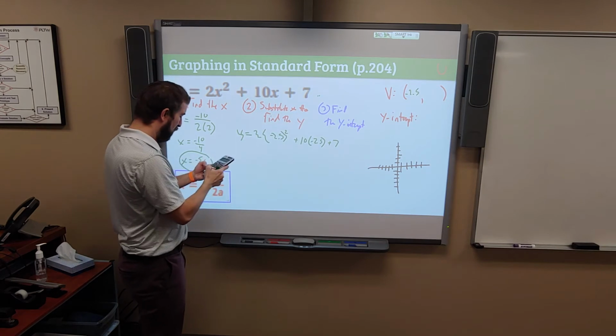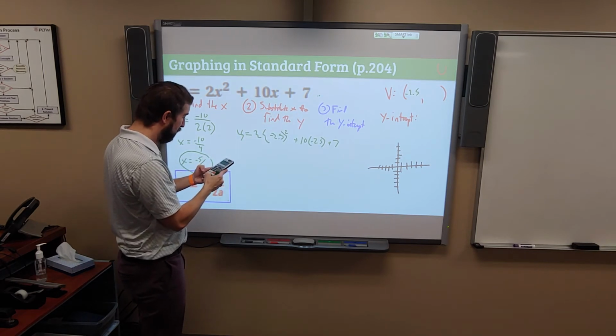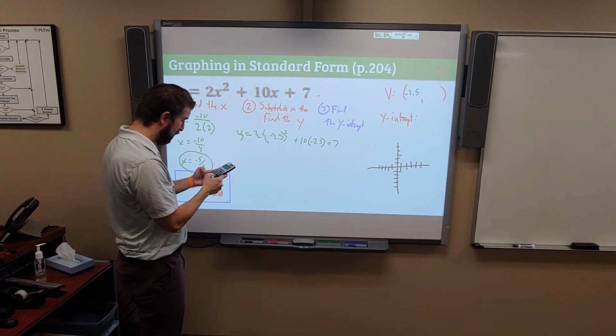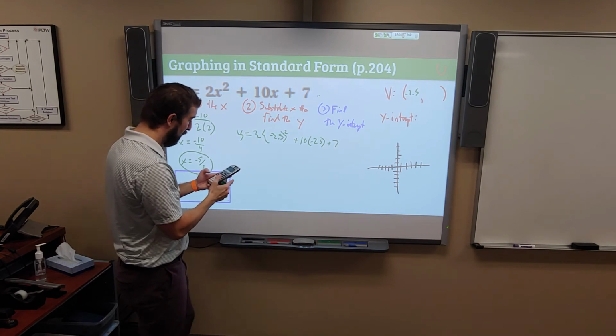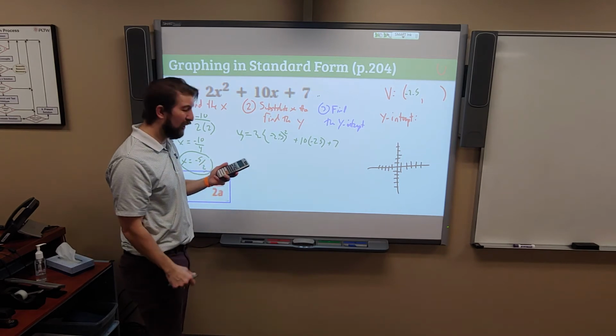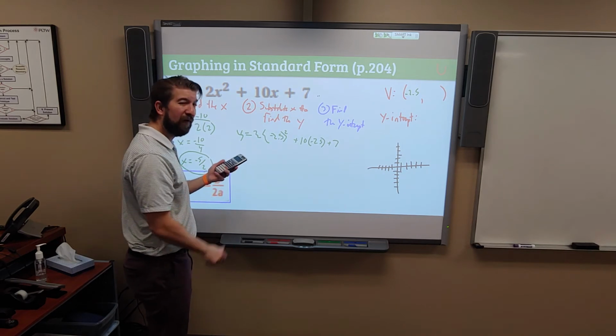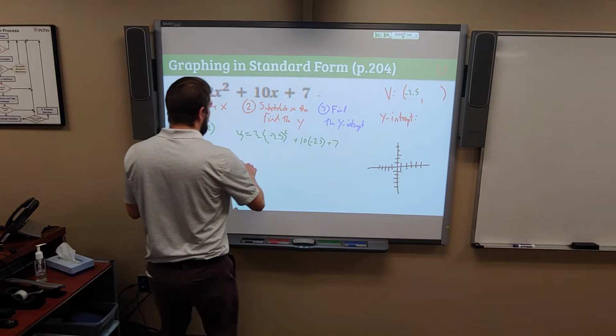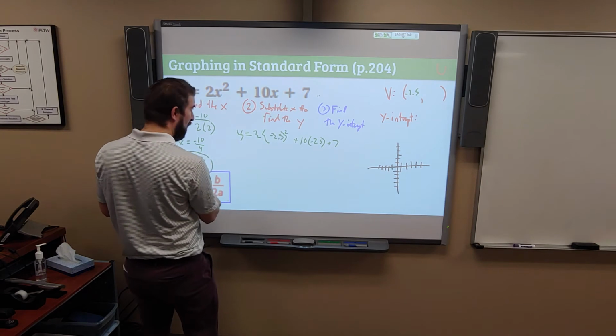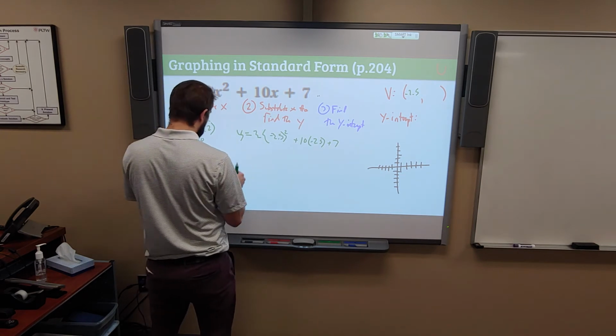So I'm just going to do negative 2.5 times -2.5. And that gives me 25 over 4. All right. And this is where you can use fractions where sometimes it may be helpful.